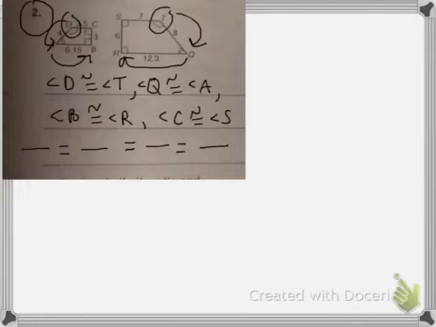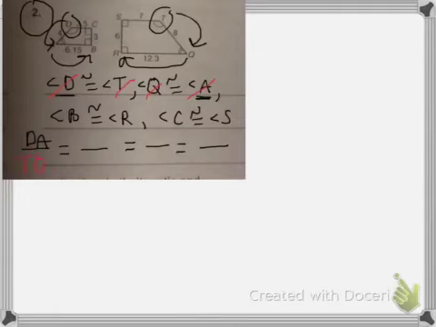We're going to take the first letter here and here, DA, or side DA. Change colors for the other triangle here. DA, we've used D and A, goes with T and Q. Okay.